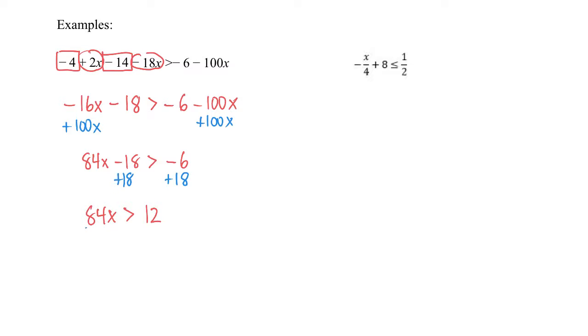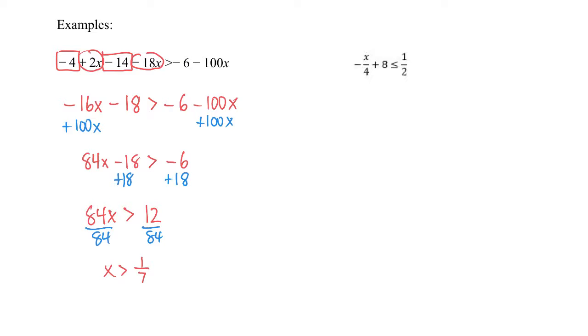Then I'm going to divide both sides by 84. I'm dividing by a positive number, so I don't have to change my sign here. And I get x is greater than, I don't know what 12 divided by 84 is. Looks like we're just going to reduce that to 1/7.